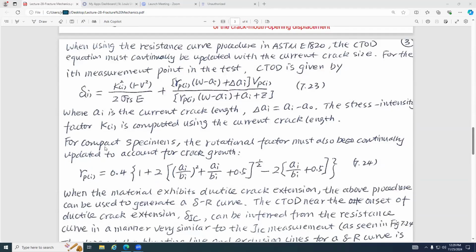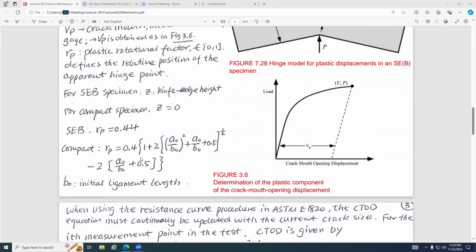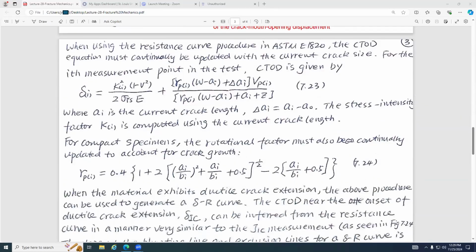So for a compact specimen, the rotational factor must also be continuously updated. So this equation and this equation, that equation is from this equation.